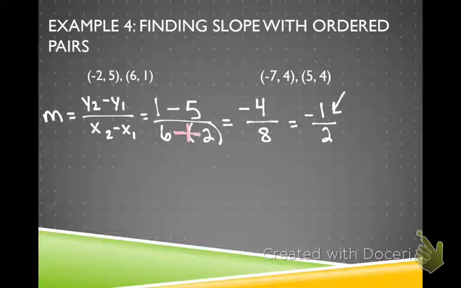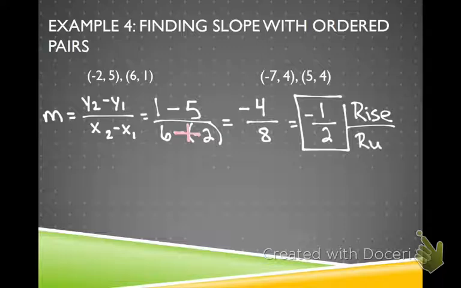The line is going down 1 unit between the 2 points. The run is never negative. I'm always going left to right on my run. So my slope here is rise over run. Now I have my final numbers, but I had to use this formula to get there.